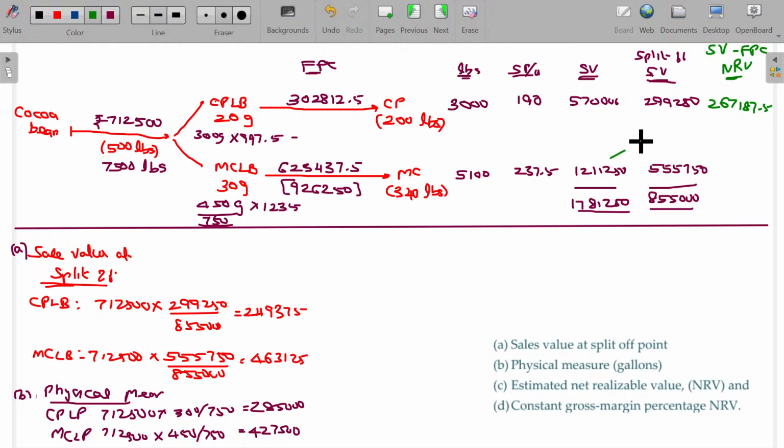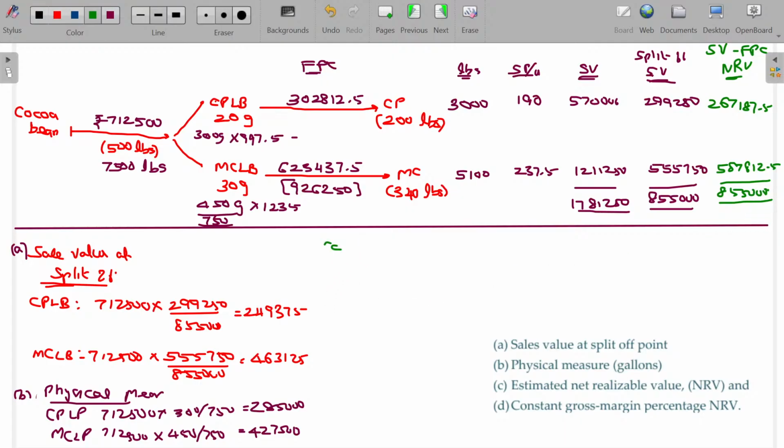So 12 lakhs 11,250 minus further process cost 6 lakhs 23,437.5. And this value being 5 lakhs 87,812.5. What's the total value? 8 lakhs 55,000. You have to now segregate using this ratio.